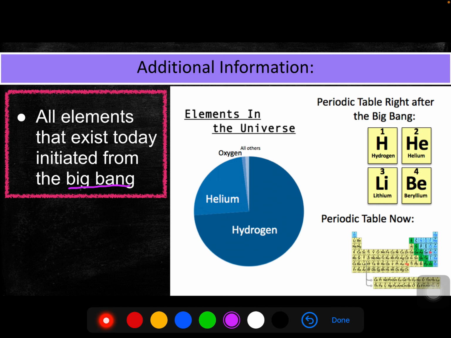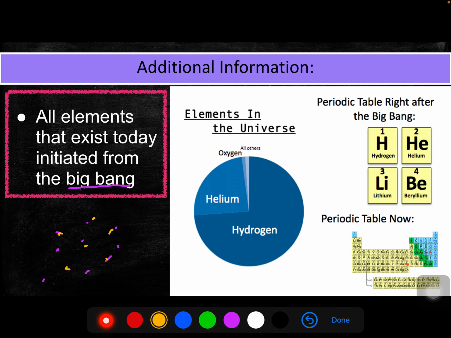And in that initial expansion, we started having particles appear, right? Protons and neutrons started to exist. And in this Big Bang nucleosynthesis, these particles started to combine and make the very first elements. So that was one of your questions that you had. What are the first 3 elements that formed?